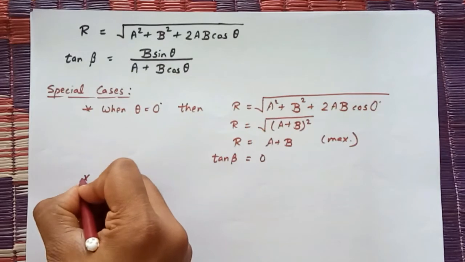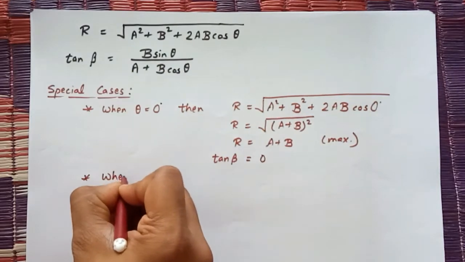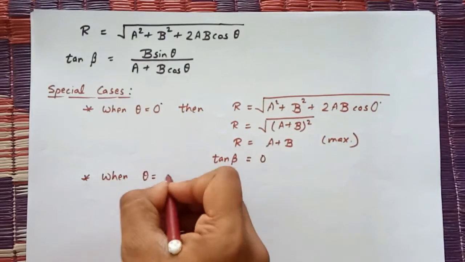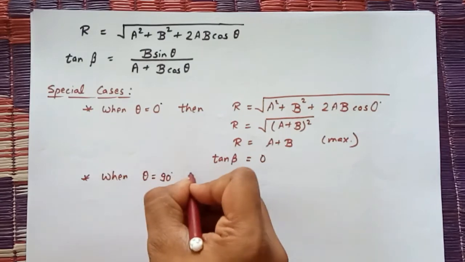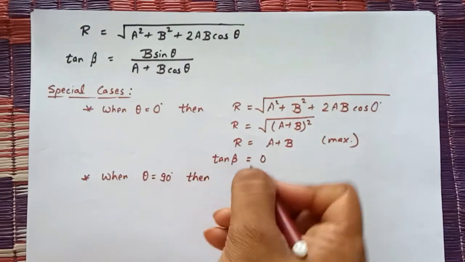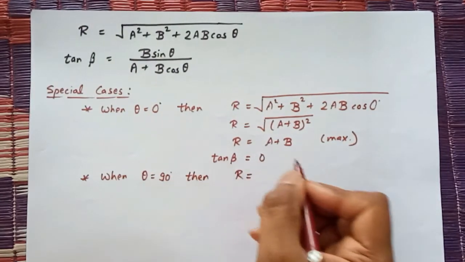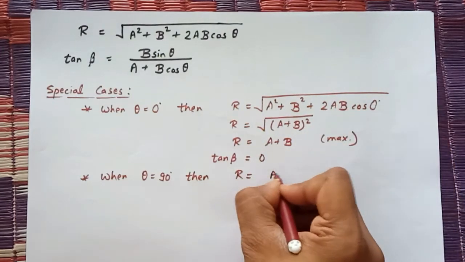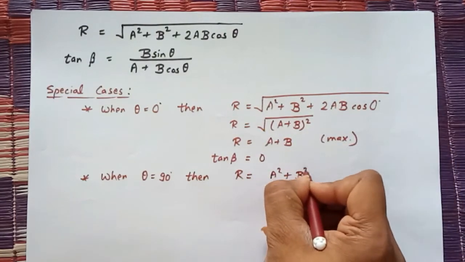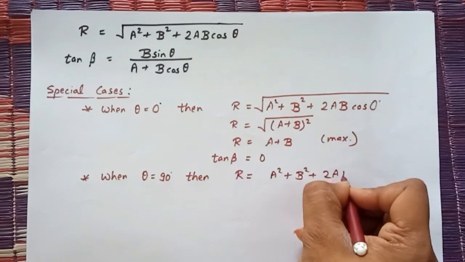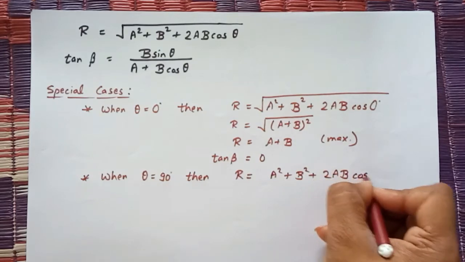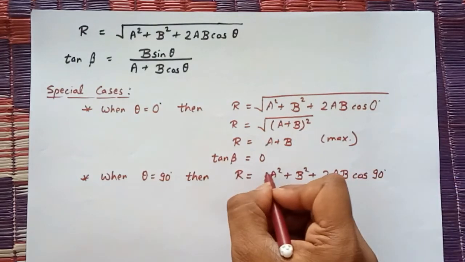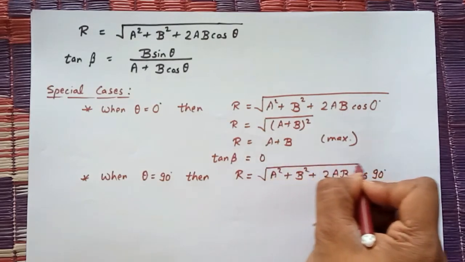Next case, when theta is equal to 90 degree, then what will be R vector? It will be A square plus B square plus 2AB cos 90. What is cos 90? Cos 90 is 0.